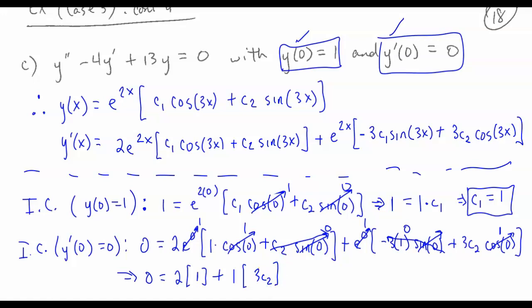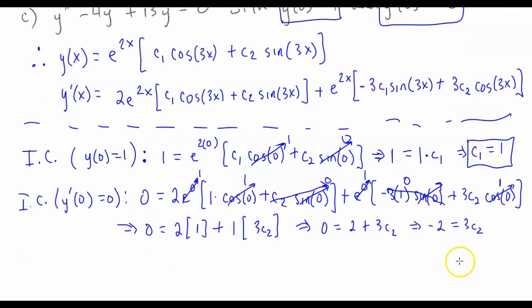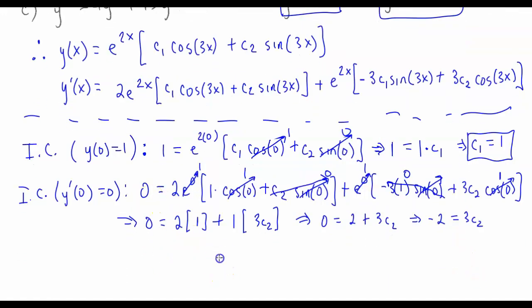And that's it. So what this means here is that we just have 0 is equal to 2 plus 3c2, which means that we have minus 2 is equal to 3c2. And finally, this just means that minus 2/3 is equal to c2.